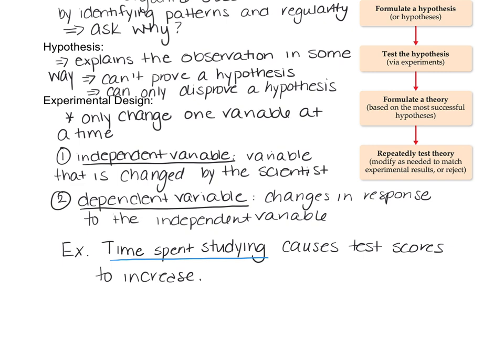So the time spent studying is what you would be modifying. That's the independent variable. And the thing that you would be measuring to see if it changed would be the test scores. So the test scores are the dependent variable.